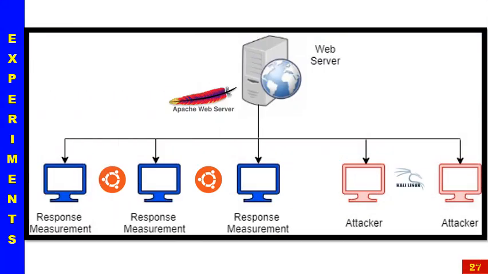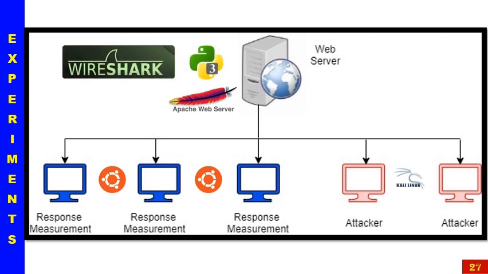The experiment setup. In this experiment setup, we have an Apache web server, a cluster of 3 clients running the Ubuntu operating system and 2 attacker terminals with Kali Linux. At the server, we installed Wireshark in order to analyze the incoming packets, and the same has been implemented using the Scapy library in Python.